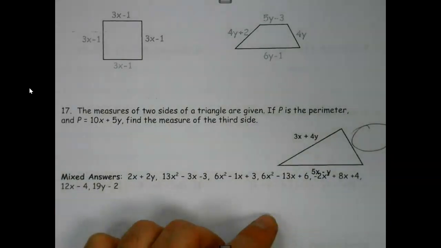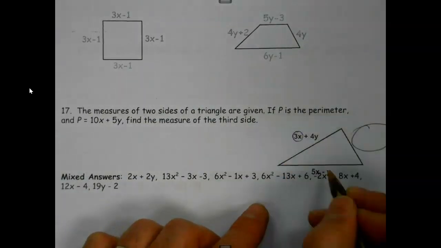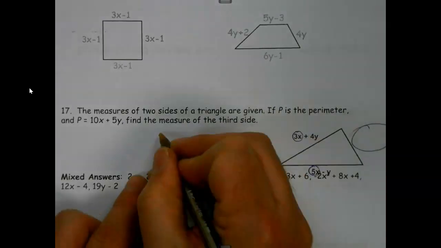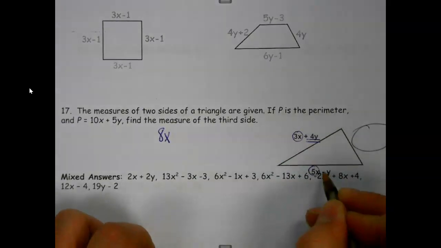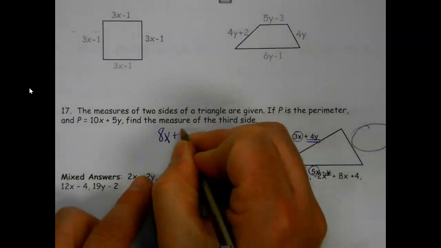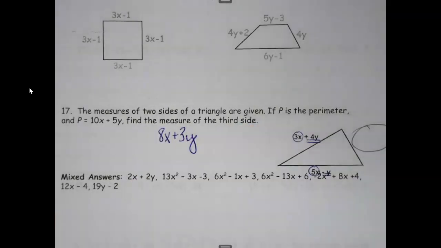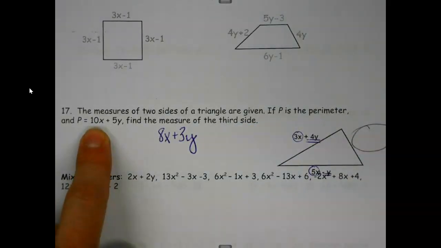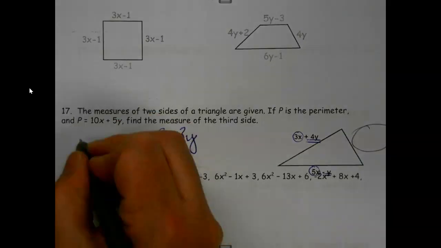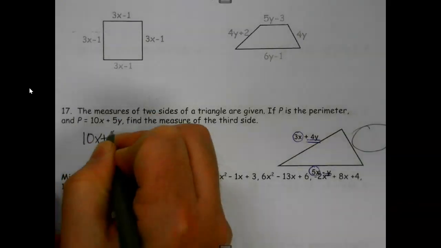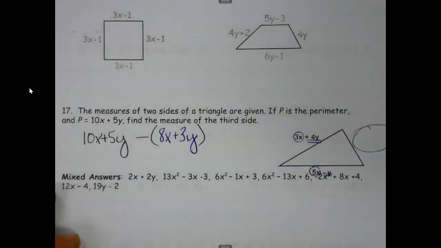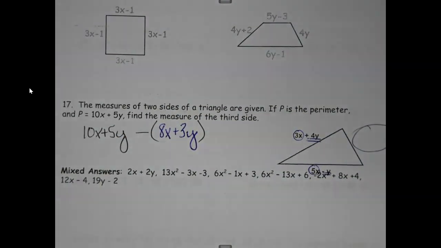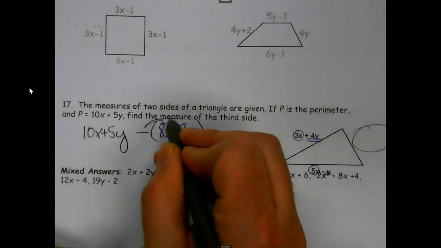Okay. So I can go ahead on this one and say, okay, I have 8x, 4y minus 1y is plus 3y. If I know what the perimeter is, 10x plus 5y, I can just subtract the parts that I know, and that's going to give me the mystery side. That absolutely would work.